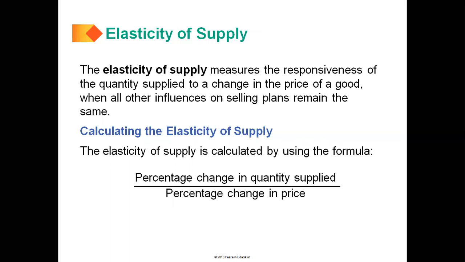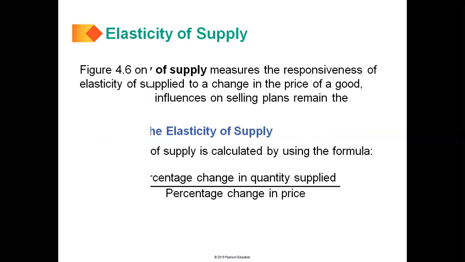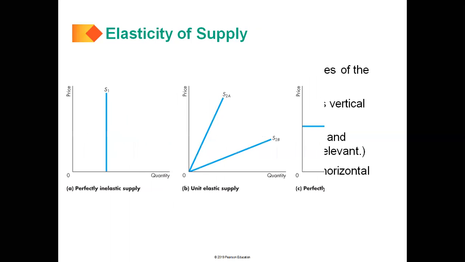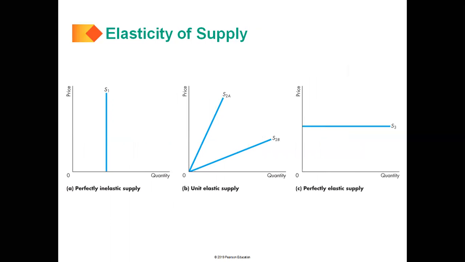All right, so once again, perfectly elastic and perfectly inelastic. We'll notice that perfectly inelastic is always vertical, whether it's supply or demand. If you remember that, it's a useful thing to know. There'll be some questions that'll get you some questions answered.